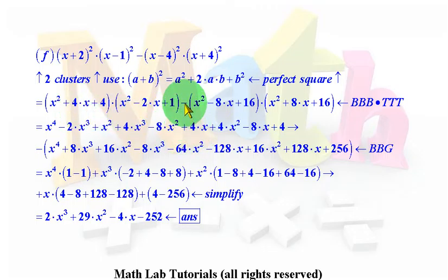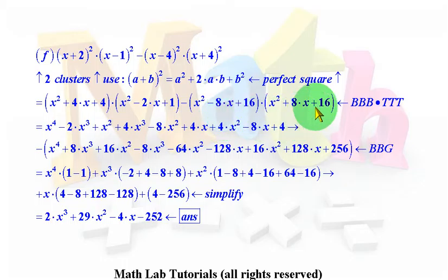Then we have the separator. Okay, the separator is the minus sign. I put it down here in the next line. And we don't worry about the minus sign until the end. Over here we have x squared·x squared, which is x to the power 4. x squared·8x, which is 8x cubed. x squared·16, which is 16x squared. And then minus 8x·x squared is minus 8x cubed. Minus 8x·8x is minus 64x squared.